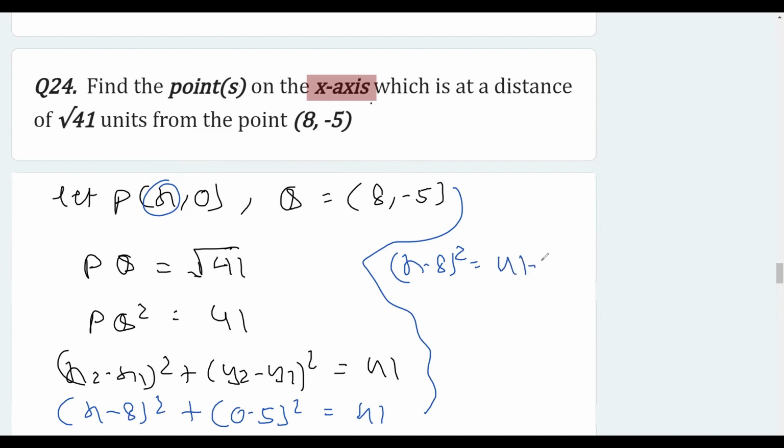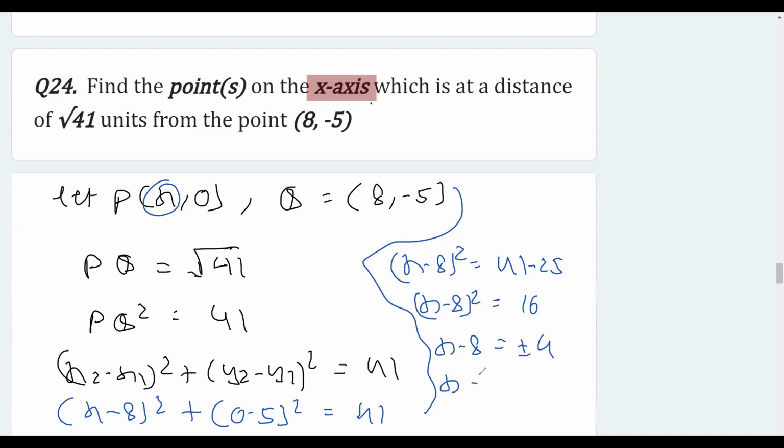And if I transpose 25 to the other side, it is (x minus 8) whole square is equal to 16. And x minus 8 is not 4, it is plus minus 4, as we are dealing with coordinate geometry where the coordinate can be positive or negative. So finally we will have two values.